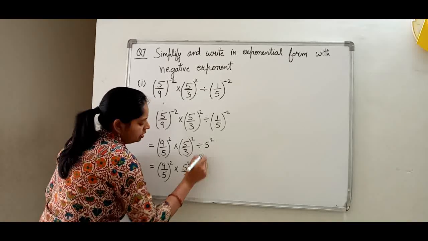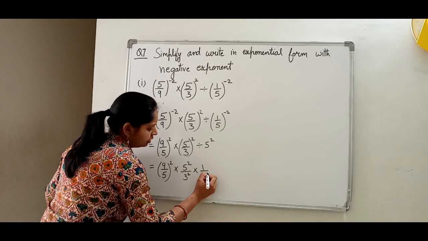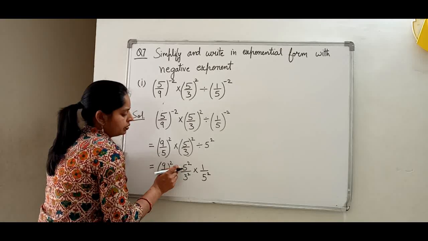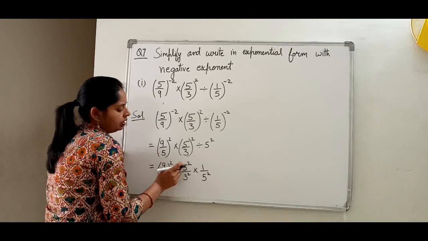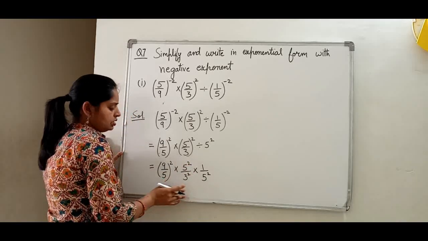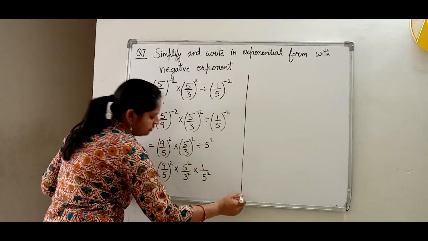And now multiply by 1 upon 5^2. 5^2 here and 5^2 there. Either you can use the law, that is 5^(2-2), or both are having the same power so you can cancel them. That is your choice. Better we use the law.